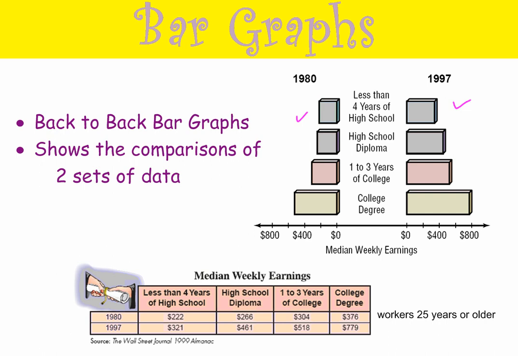So on this one we're looking at median weekly earnings based on the type of education you have, and obviously here if you have a college degree, your weekly earnings in 1997 are around $800 a week, and in 1980 it was around $425. Data coming off of this chart and putting it into graphic form. So back to back, they will share the labels or the categories of these bars.